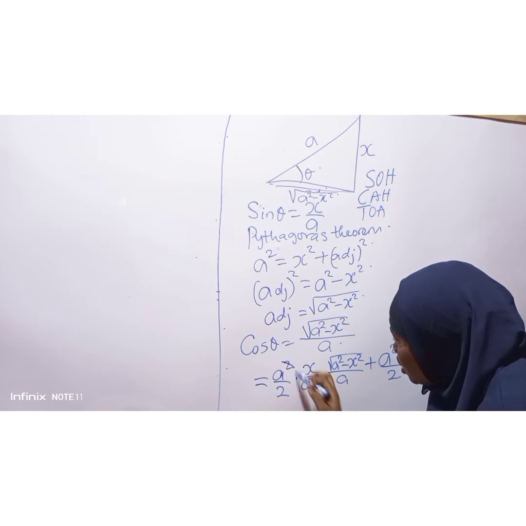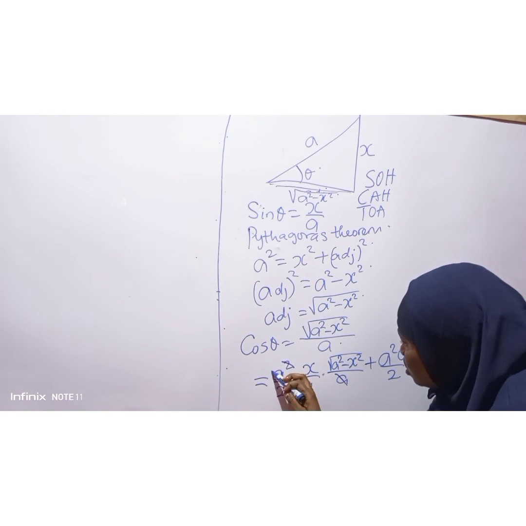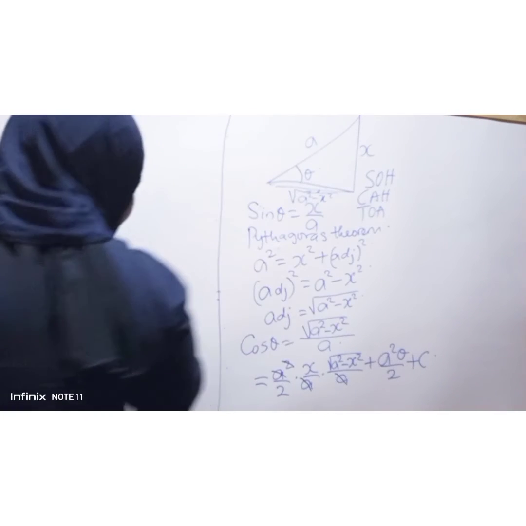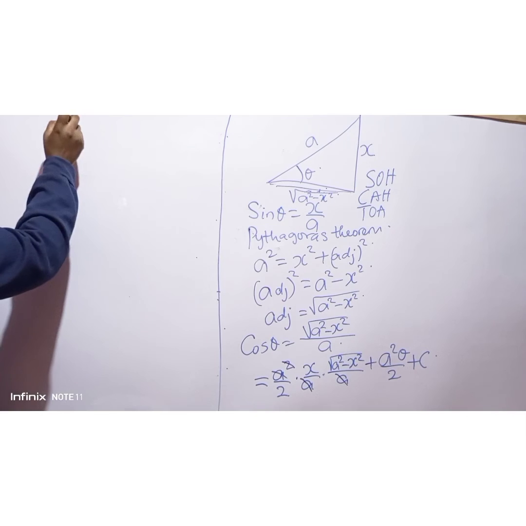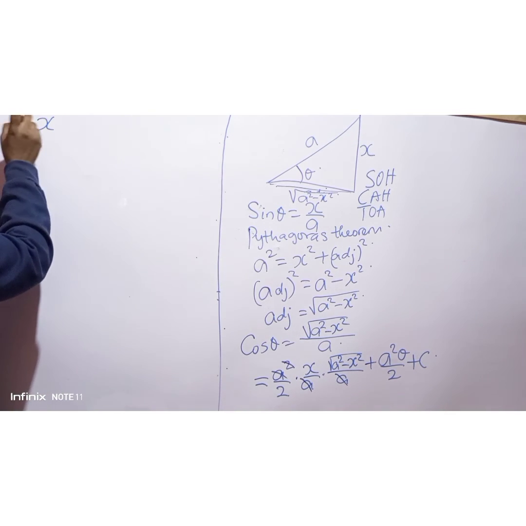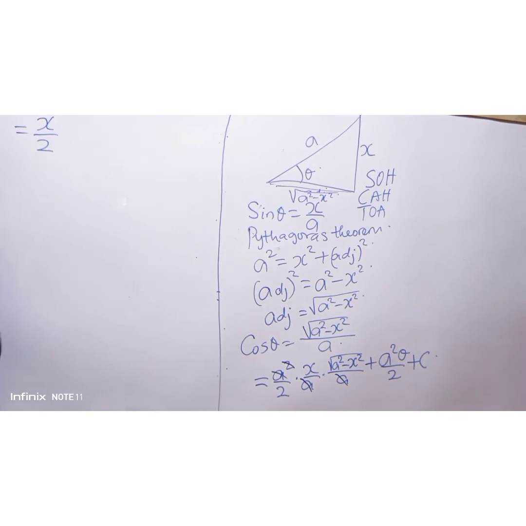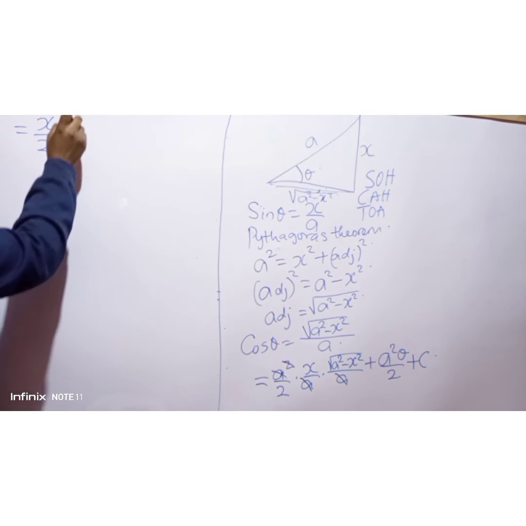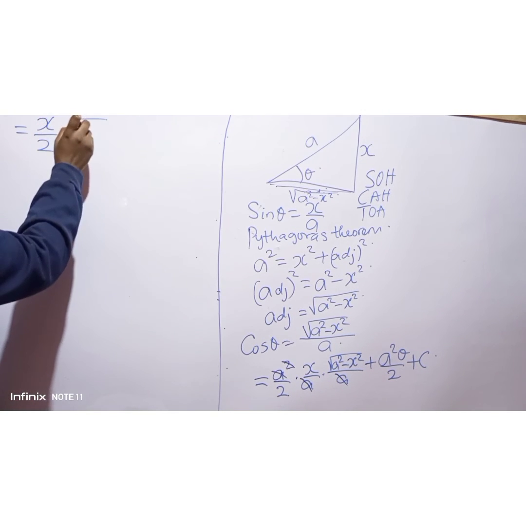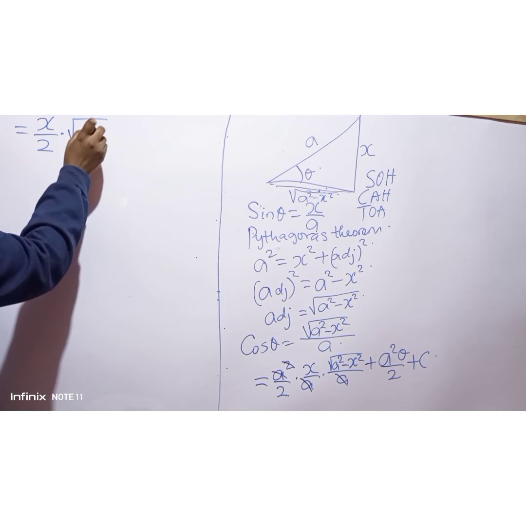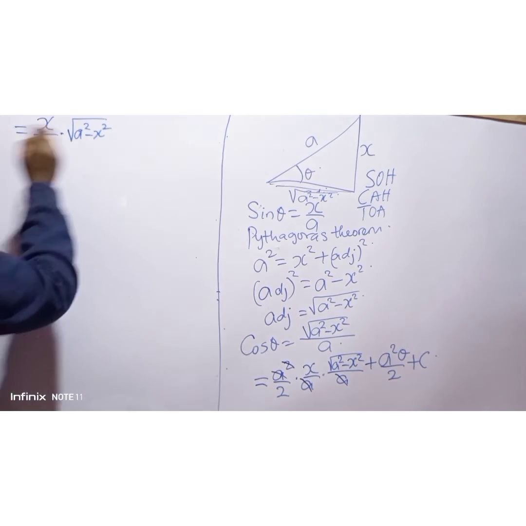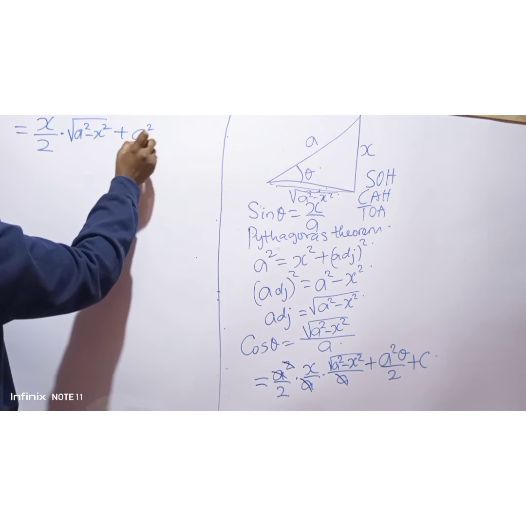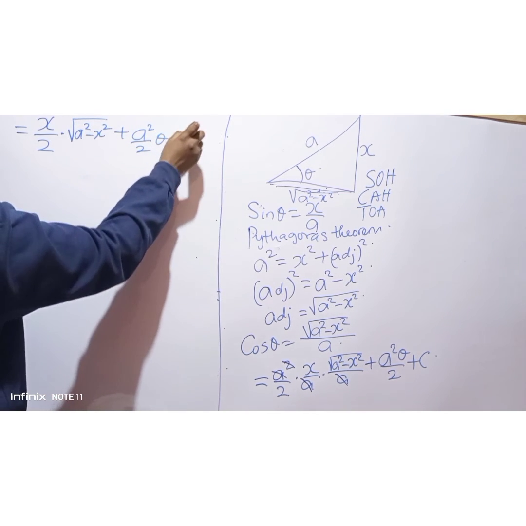One a cancels out, another a cancels out. So I have x over 2, then multiplied by the square root of a squared minus x squared, then plus a squared over 2 theta plus c.